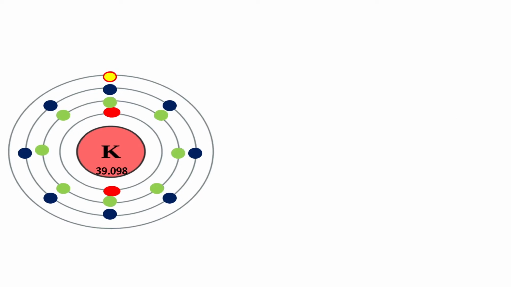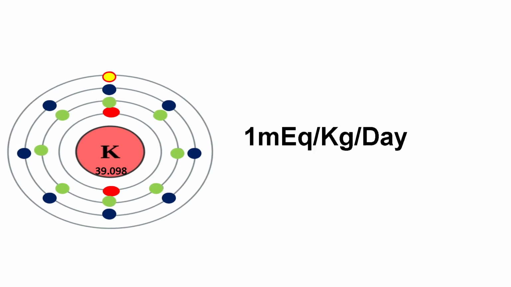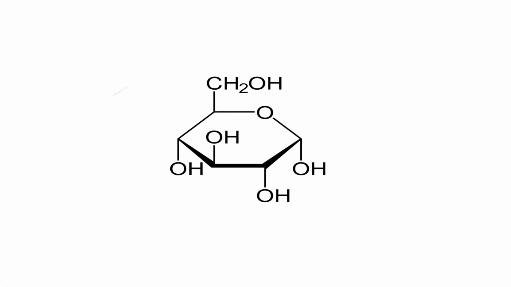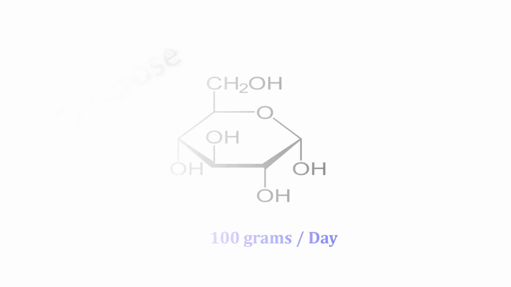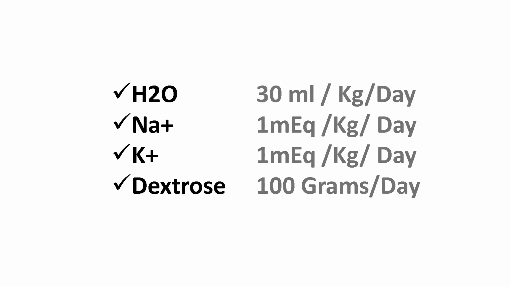We need potassium around 1 milliequivalent per kg per day. The last one being dextrose, and we need around 100 grams of it per day. This is the final list of the primary ingredients of maintenance IV fluids.